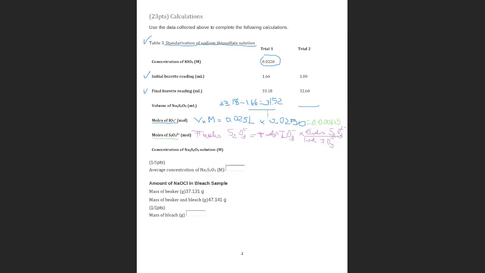Very good. And the last part is calculating the concentration. This is my data, which is different than your data, for trial 1. And what is the concentration? The concentration is always the number of moles of thiosulfate divided by the volume in liters, right? Okay, what is the number of moles?